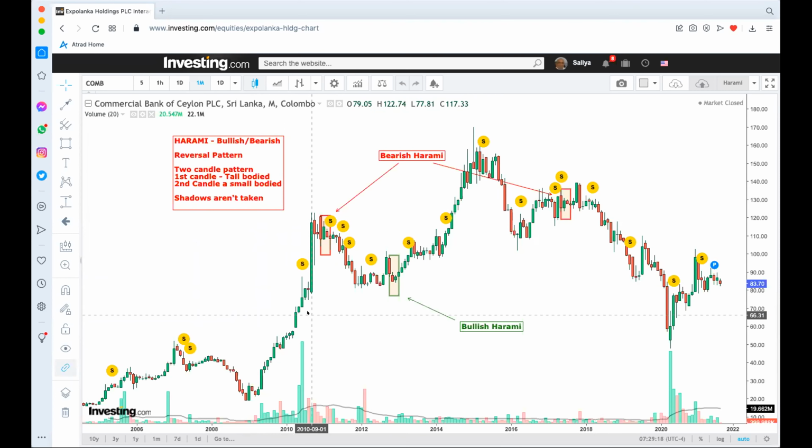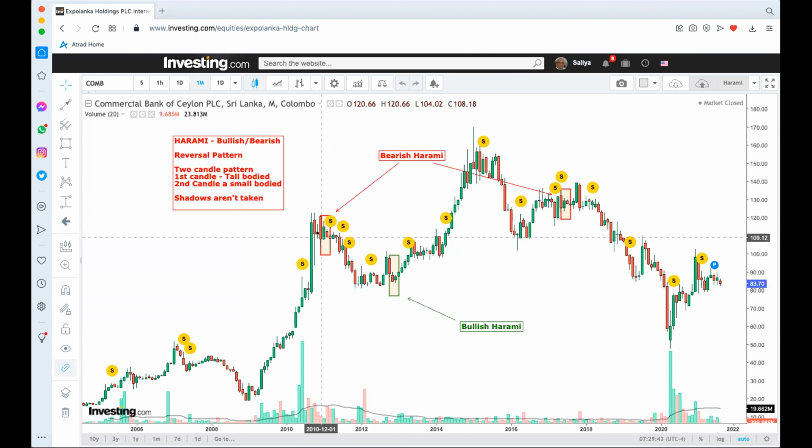Then I said that here the first candle is shorter and the second candle is longer. But this is the opposite way. Here you can see that the first candle's body is tall, and the body of the second candle is short.